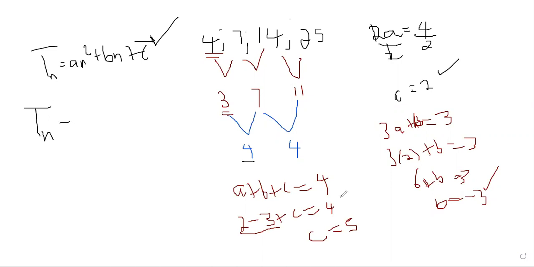So your a will be 2, so we'll be having 2n squared. Then your b is negative. Take the signs, they are very important. Just because they have positive here and we have negative, what that positive is simply saying is take b with its sign, so it's negative 3, and then c will be plus 5. It's that simple. You are done.